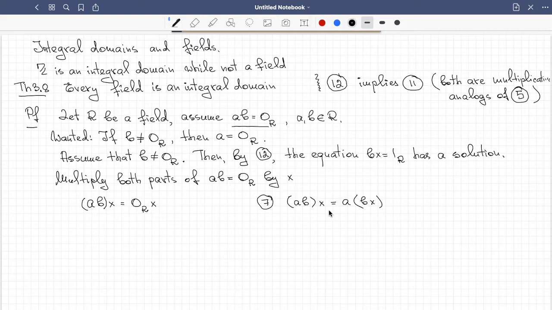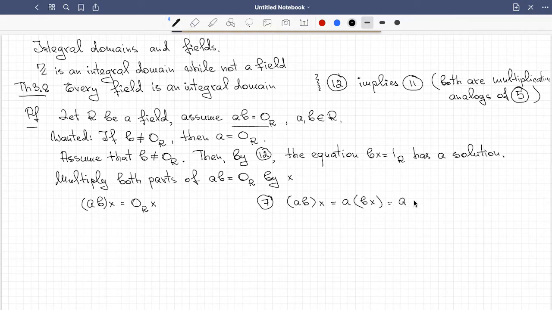So the parentheses which I put there for precision are only extra care. They do not matter. And X was the solution to this equation, so Bx is 1.